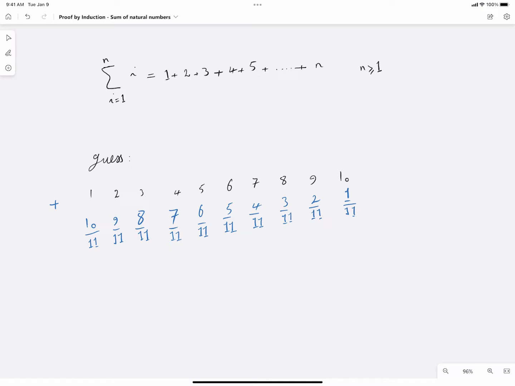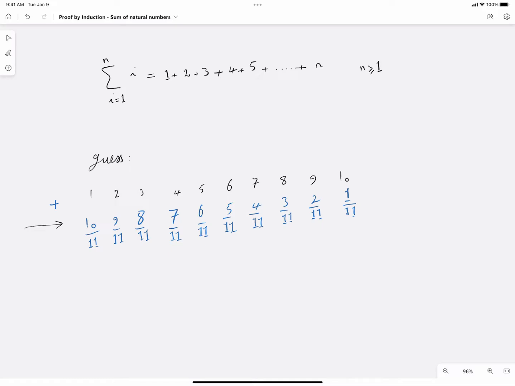What I did here, in the second row of this example, is I wrote the numbers in reverse order. So below number 1 I wrote number 10, below number 2 I wrote number 9, and so on. Then I added all these numbers together, and as you see here, all of them added up to 11.